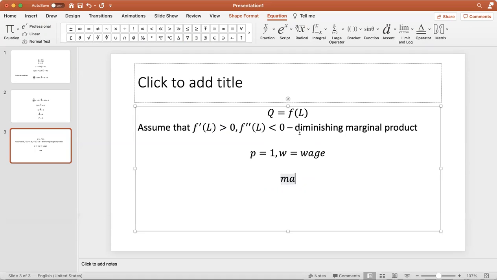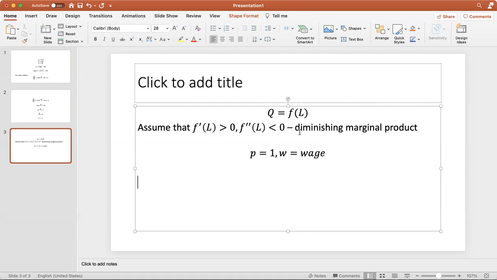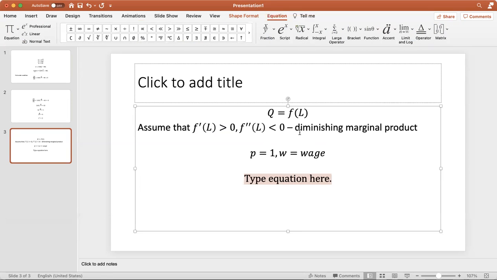So that's gonna be, of course, another thing here. You have max. You're choosing L, right? Maximize the profit function such that you assume that the price is equal to 1. So you just have F of L, right? Because price is equal to 1, right?